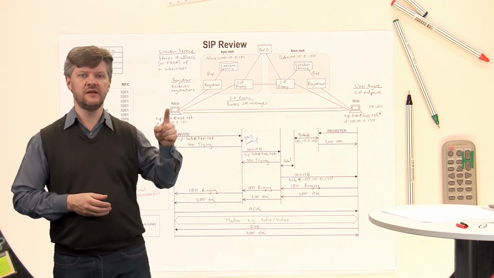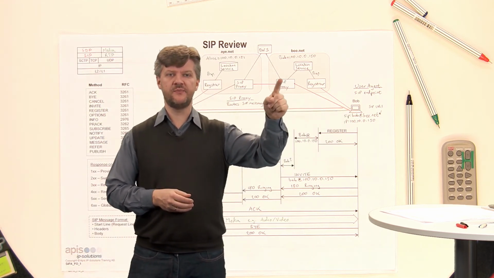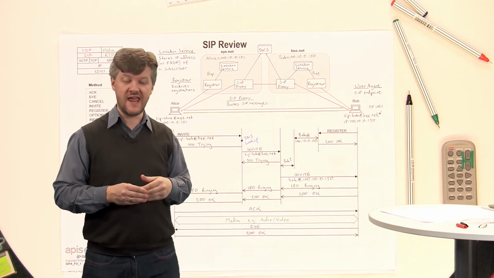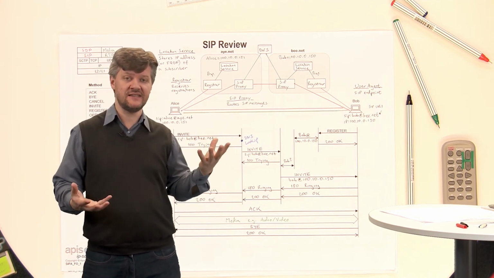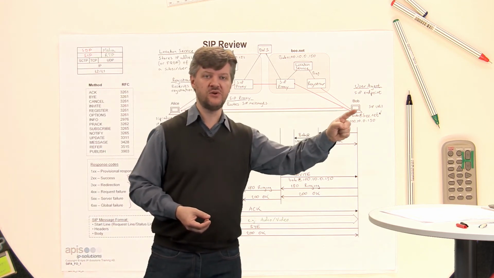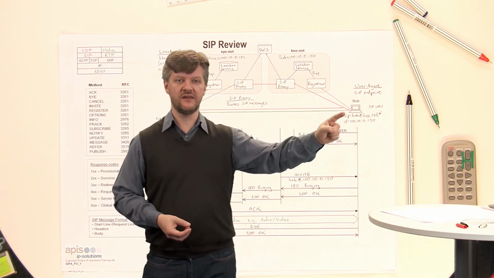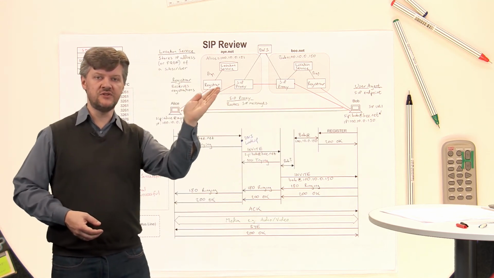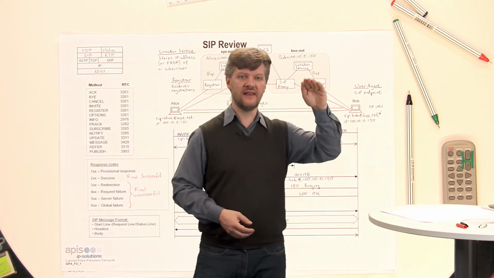This up here is sometimes called the SIP trapezoid. Trapezoid is a funny word to say, and it's a geometric form shaped by two parallel lines, one down here and the little one up there, and then two slanted lines like this.